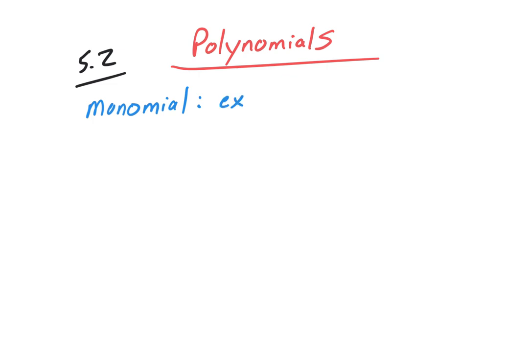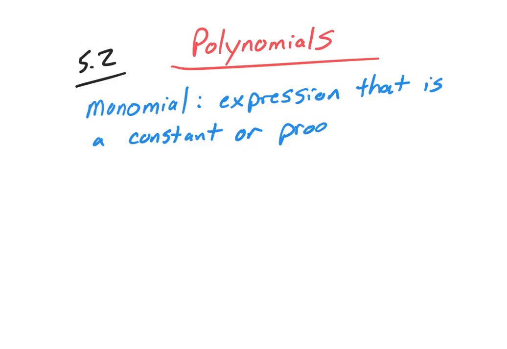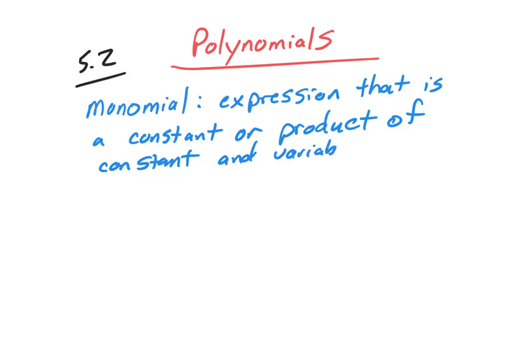So it's an expression that is a constant or product of a constant and variables. Okay, so examples of a monomial.